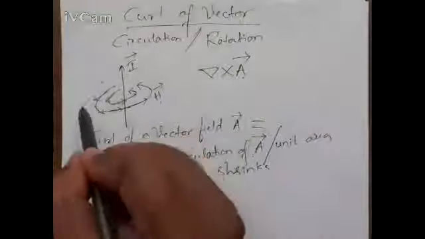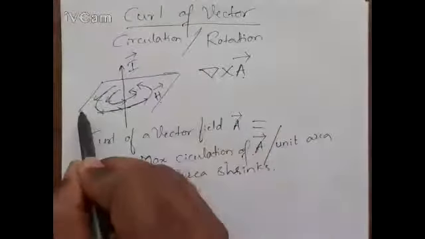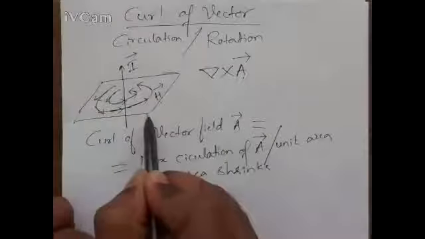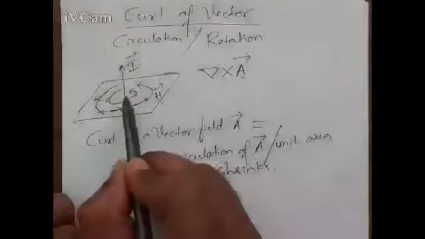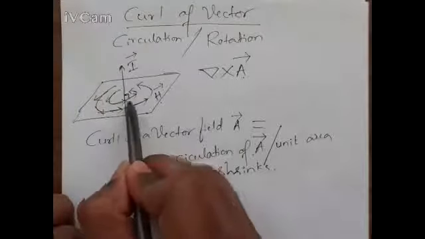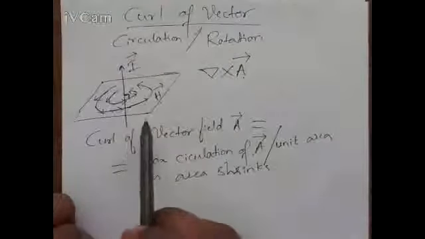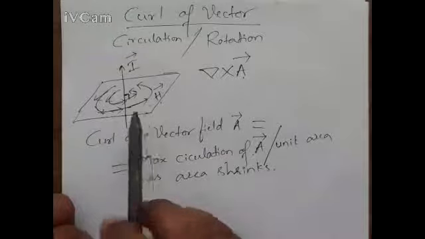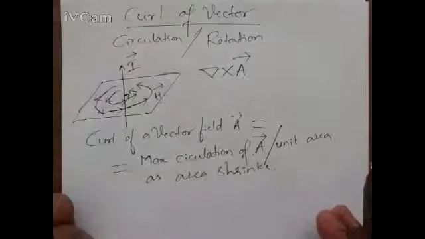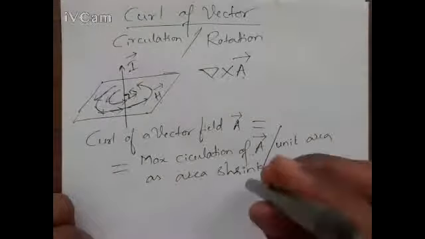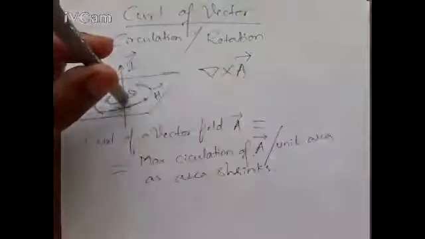It has some plane, and in this horizontal plane it is going to circulate, whereas the current is perpendicular to this plane. Imagine that if the magnetic field is circulating in the plane of a paper, then the current is produced perpendicular to the plane of the paper.